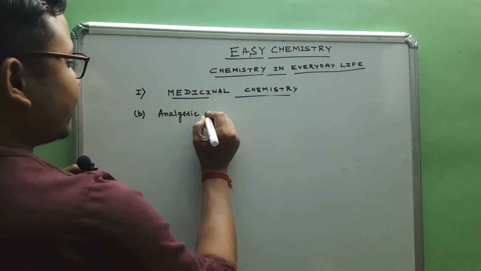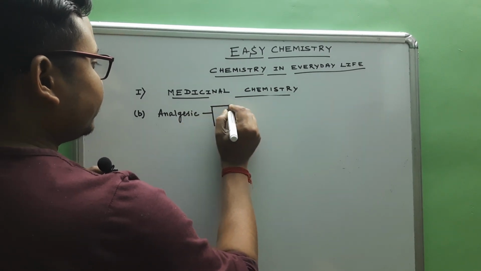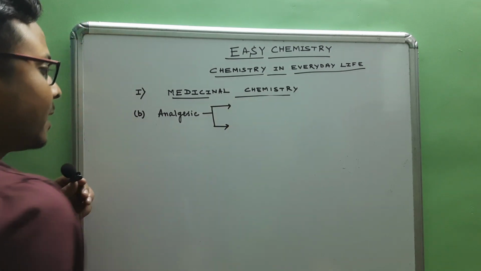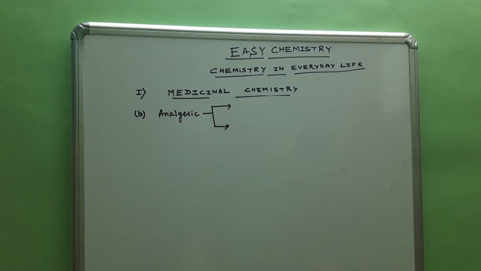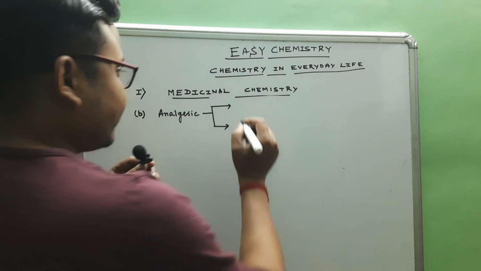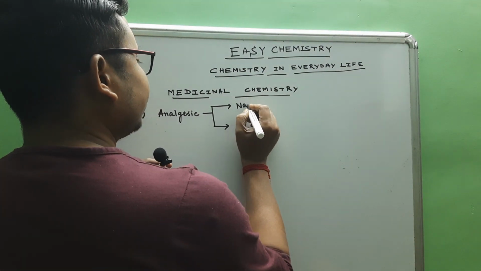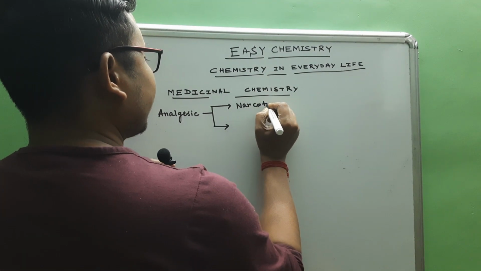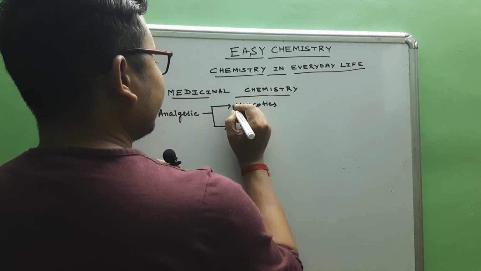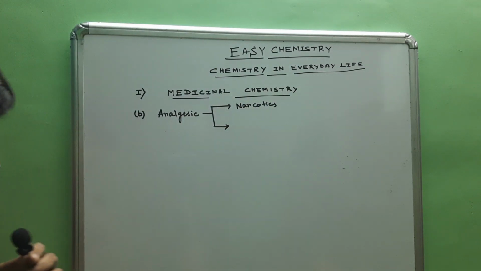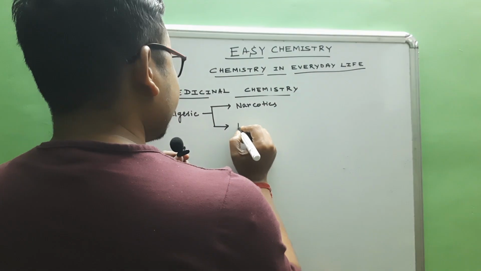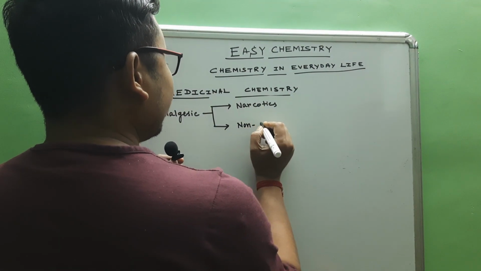Analgesics are basically of two types: first narcotics, and then non-narcotics.